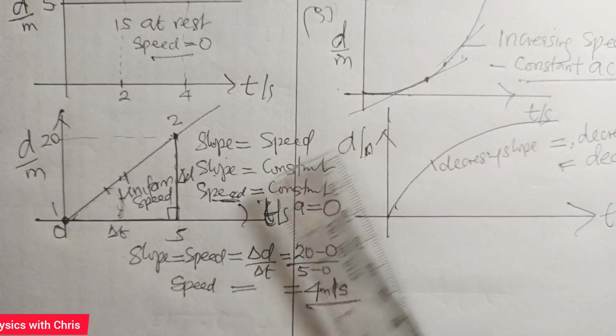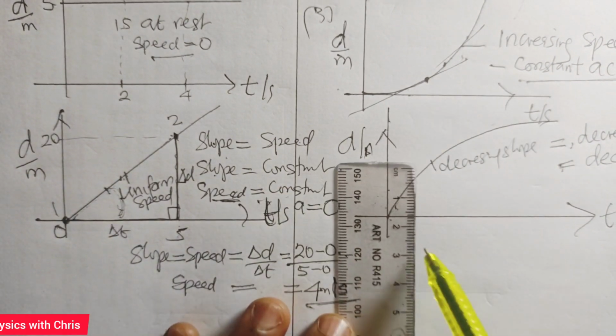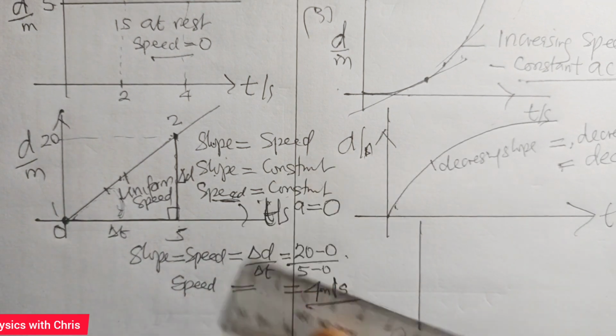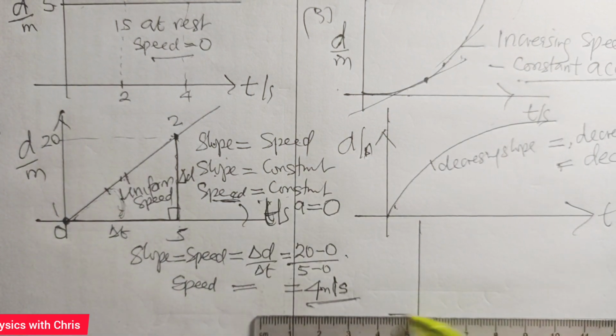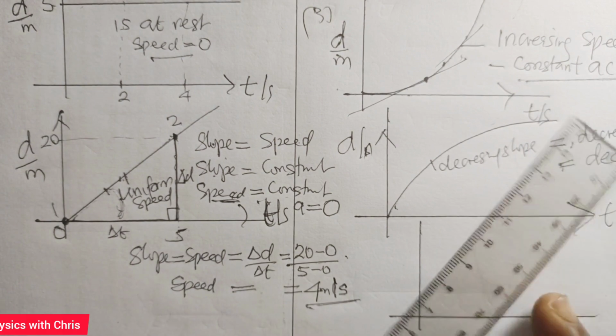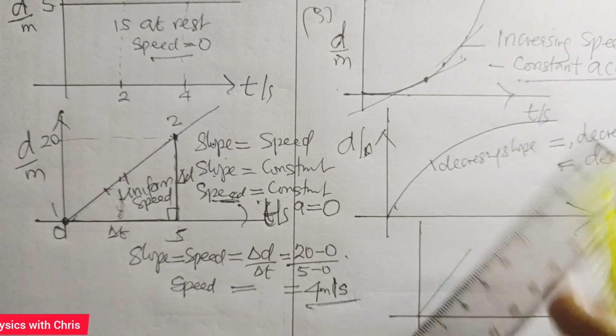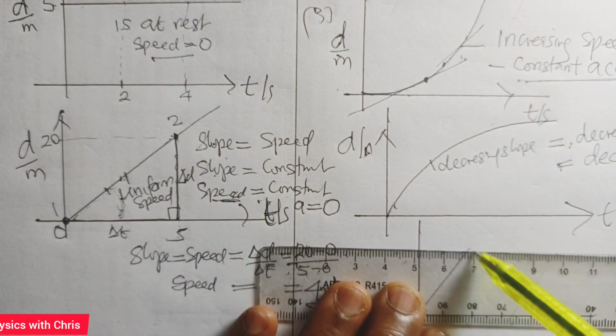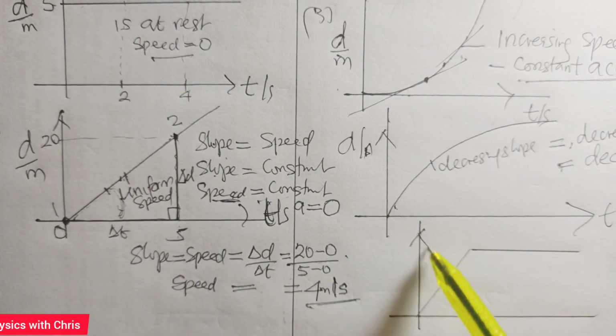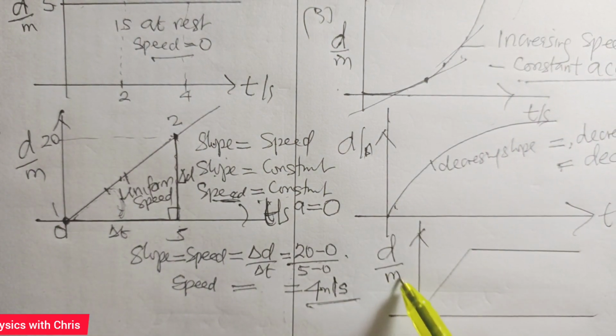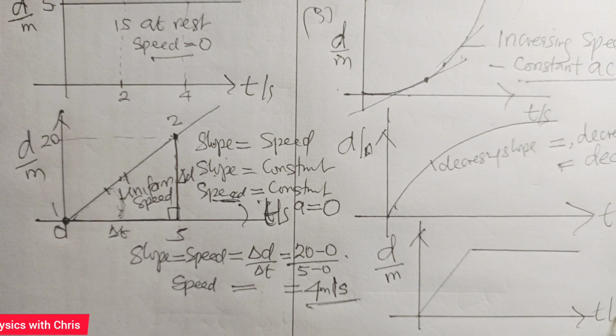Now, how about if you have to interpret this graph? We have this drawn. This graph is drawn on a distance time axis.